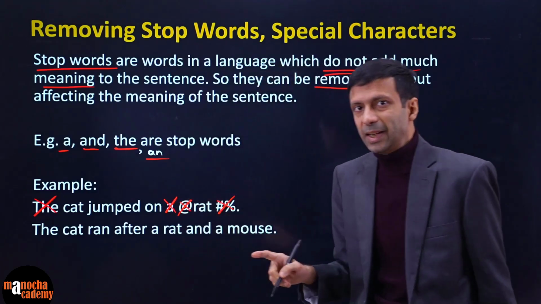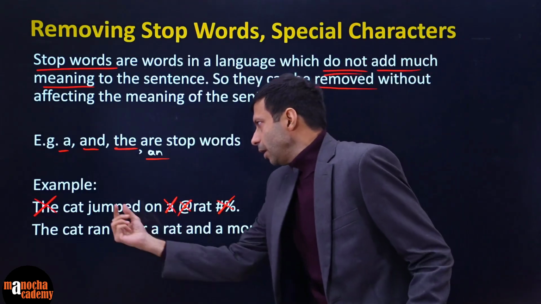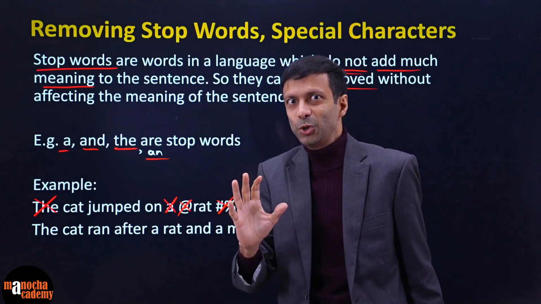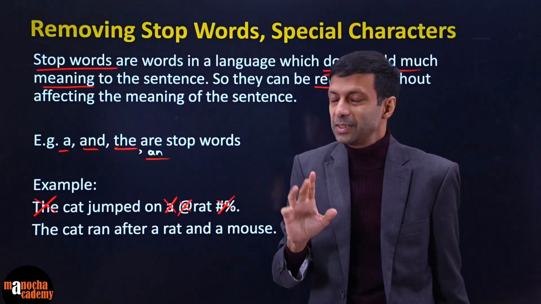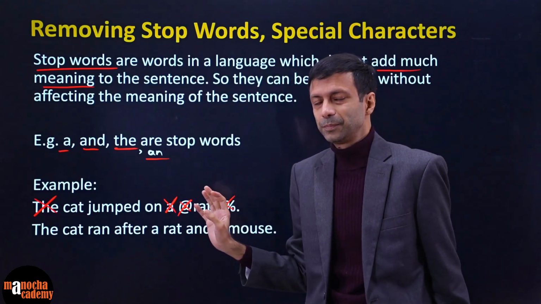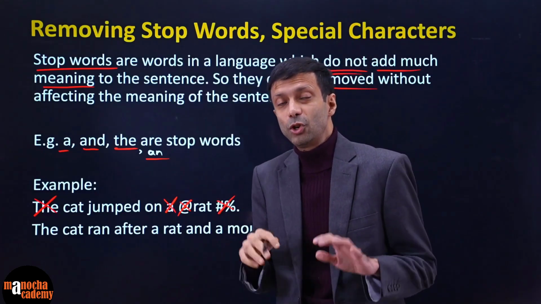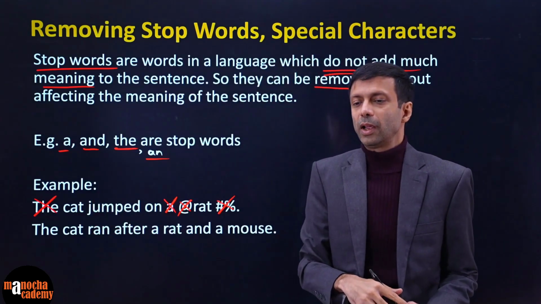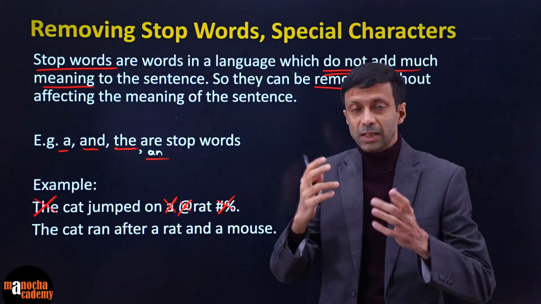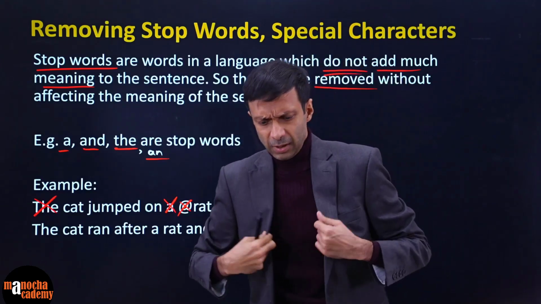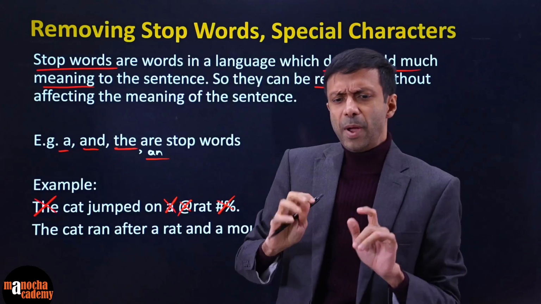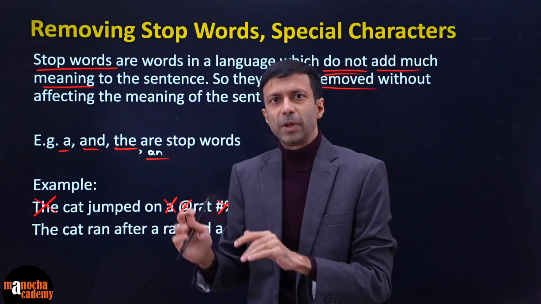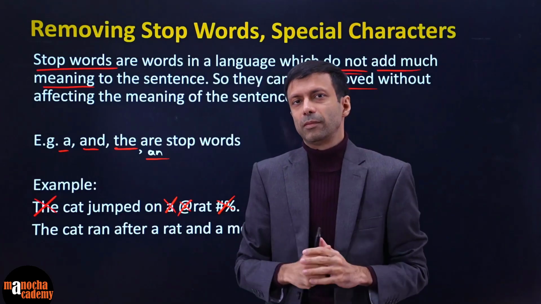Now, guys, if you read this sentence, read this sentence for me. Cat jumped on rat. Is the meaning conveyed to you? Even after removing the stop words, is the meaning any different? So you can imagine when you're doing a Google search, let's say I want to search for the best coat shop in Kolkata, the is gone.